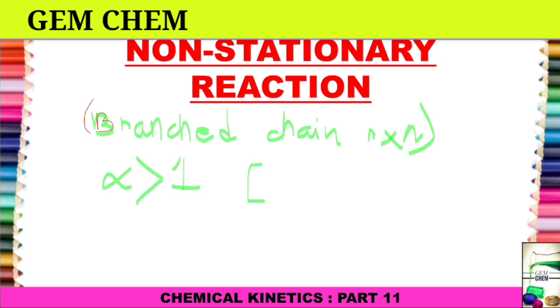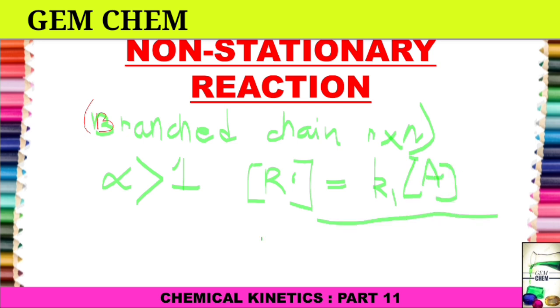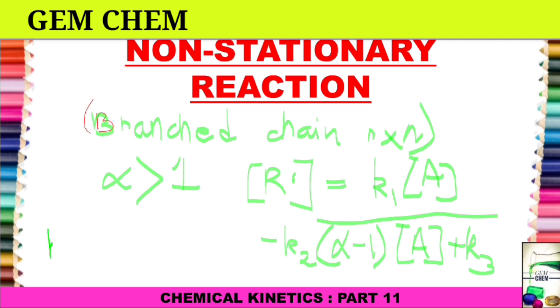And we have already seen in the previous video that the concentration of R dot, that is the reactive intermediate, had been obtained like this: K1 A concentration by minus K2 alpha minus 1 A concentration plus K3, and this K3 actually meant that it will be equal to Kw, that is due to the presence of collision with the walls, and Kg is due to the presence of gaseous phase.